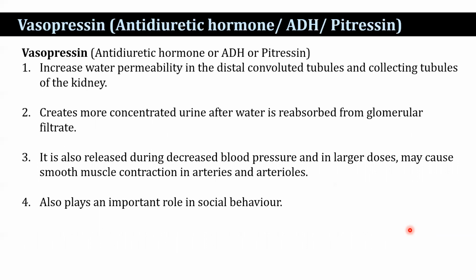Next, vasopressin, known as antidiuretic hormone or ADH, also known as pitressin, increases water permeability in the distal convoluted tubule and collecting tubules of the kidney, creating more concentrated urine after water is reabsorbed from the glomerular filtrate. It is also released during decreased blood pressure and in larger doses may cause smooth muscle contraction in arteries and arterioles. Vasopressin also plays an important role in social behavior.